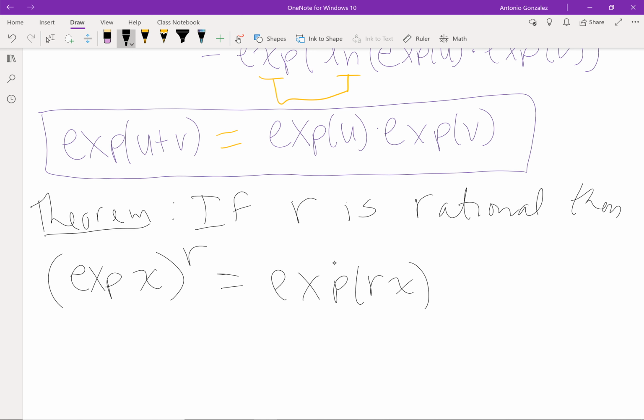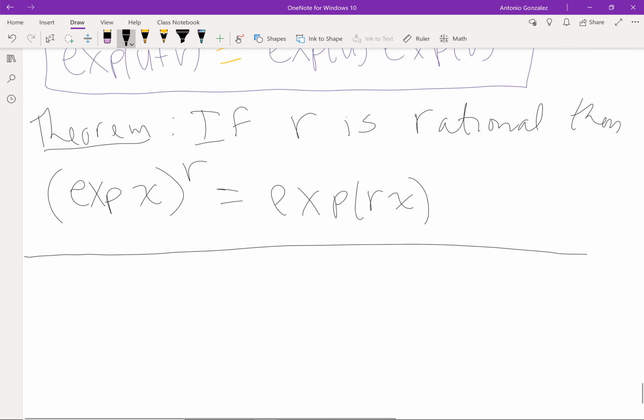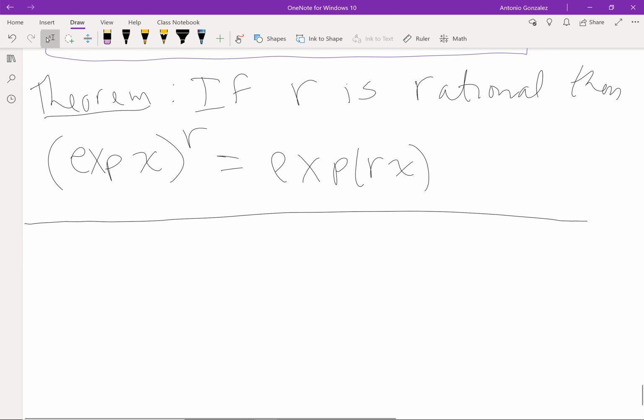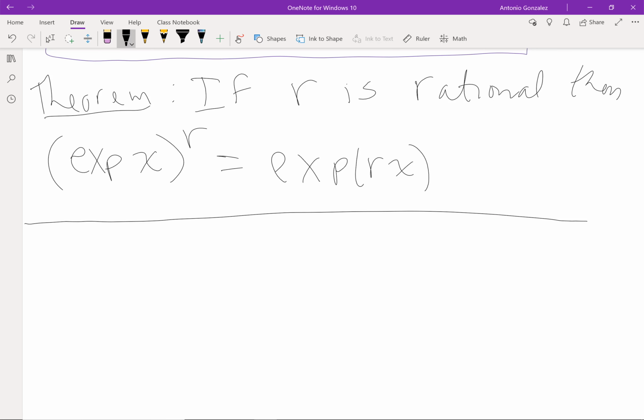Again, I'll state this one without proof. So let's summarize what we have so far. We have seen, even from the graph, that exp behaves like an exponential.